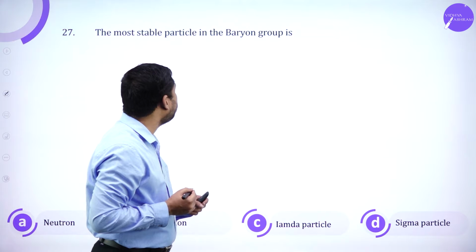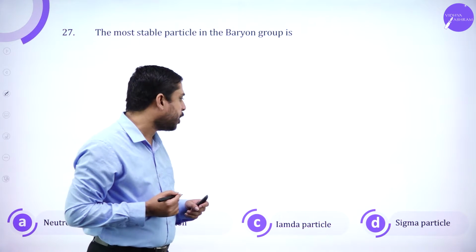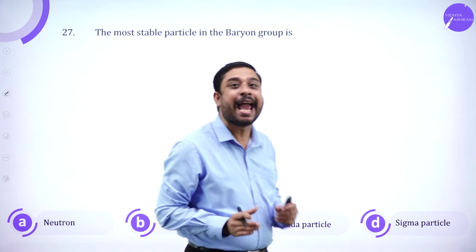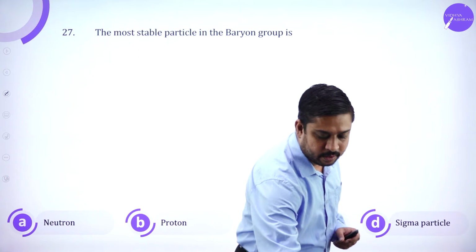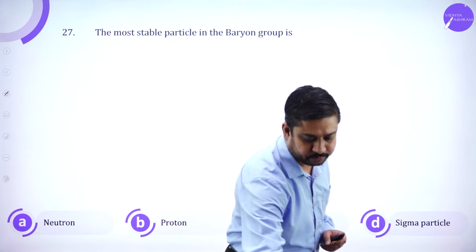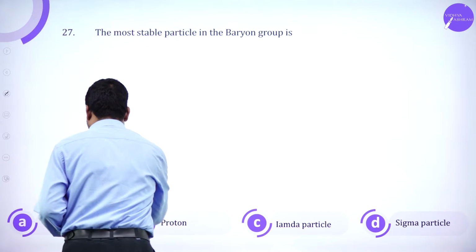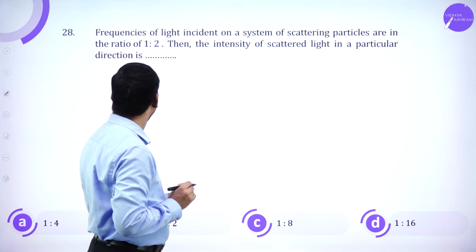The most stable particle in the baryon group will be neutron.